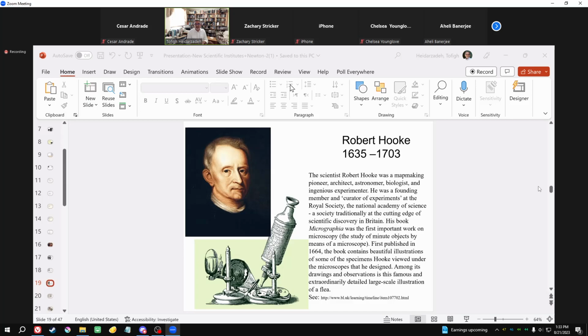For example, from trial and error, they knew what kind of lumber they had to use in making a ship hull, or what kind of stone to use when making the base of, I don't know, a bridge. So there was not a very systematic relationship between science and technology.